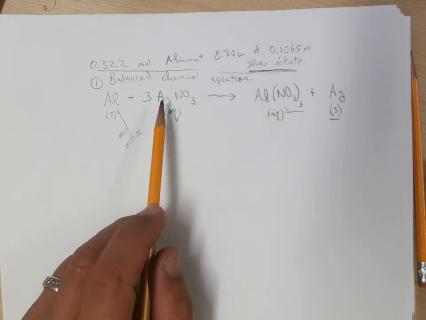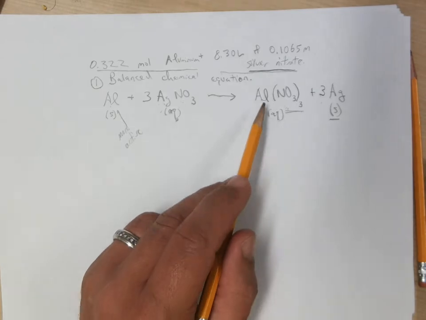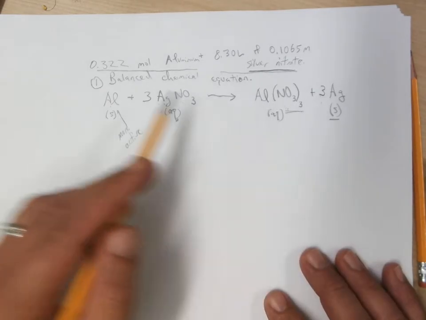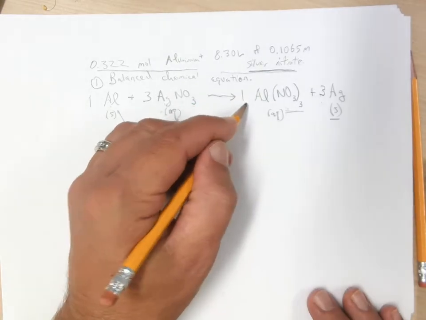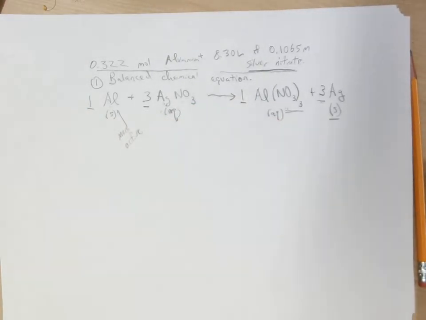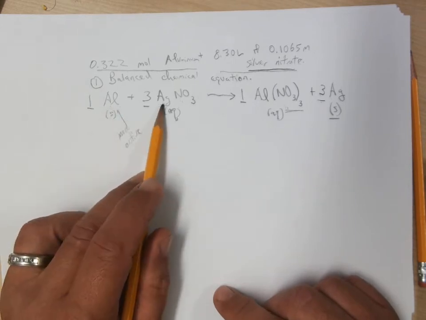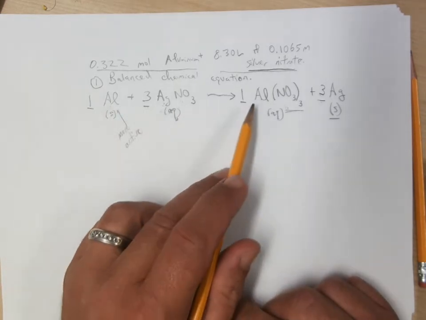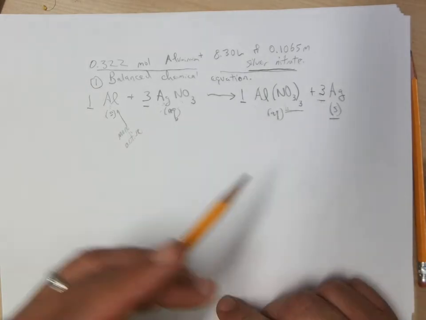That's going to provide 3 moles of silver, and then we're going to need the 1 mole of aluminum to be put in. We don't have to write the ones in, but I usually like writing in every coefficient for emphasis and to show that I've thought about how much of each material. So here's our balanced chemical equation. 1 mole of aluminum would react with 3 moles of silver nitrate to give 1 mole of aluminum nitrate and 3 moles of silver. Balanced chemical equation.